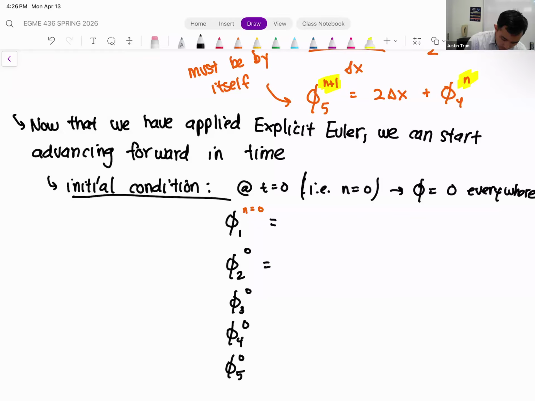So be careful with the notation here. It does get a bit confusing, but just remember that the subscript is the space index, so that's where the point physically is in space. The superscript is the time index, so that's where the solution is in time. For the initial conditions, it's very straightforward: it's 0 everywhere.